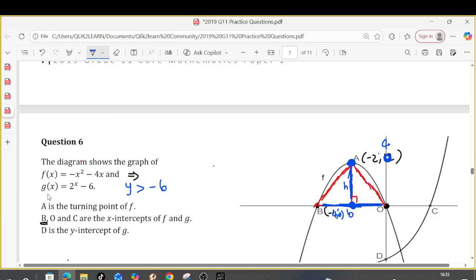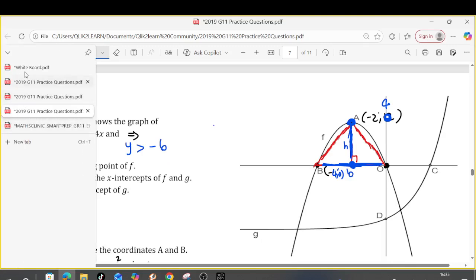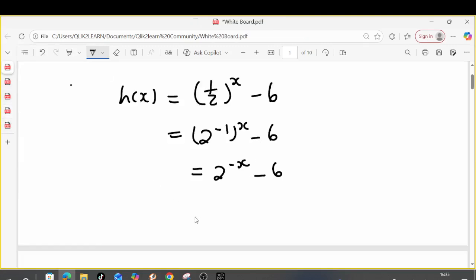Hopefully everyone can see that. This is my g at x, and the original equation was 2 to the power x minus 6. So now we can see that the graph changed from 2 to the power x minus 6 into 2 to the power minus x minus 6. So this tells us that we are reflecting about the y-axis.